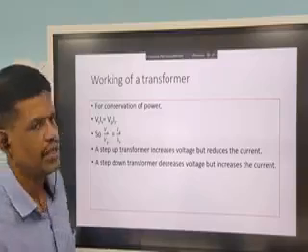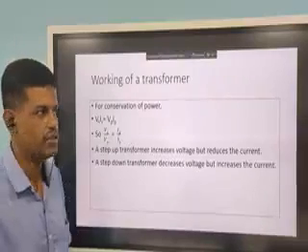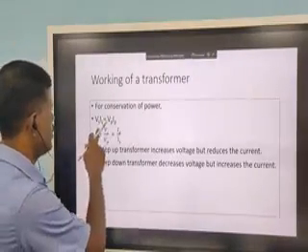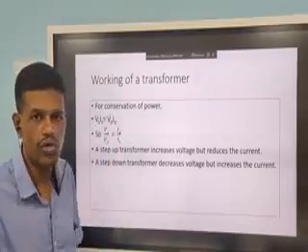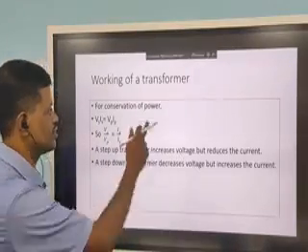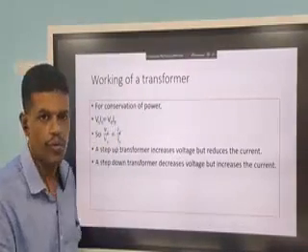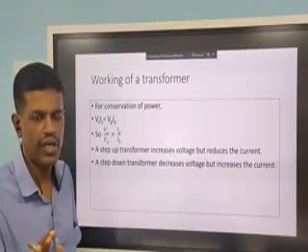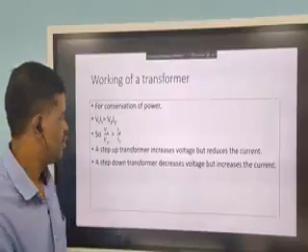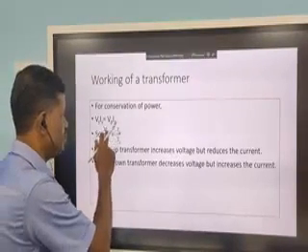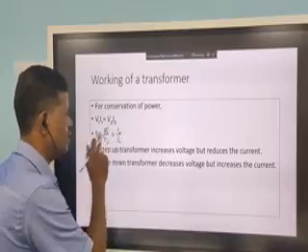Now, is there any effect on current? Yes, definitely. VsIs should be equal to VpIp. This is from the conservation of power. Output power should be equal to input power because in between we are not supplying any power. So this makes Vs by Vp equal to Ip by Is.